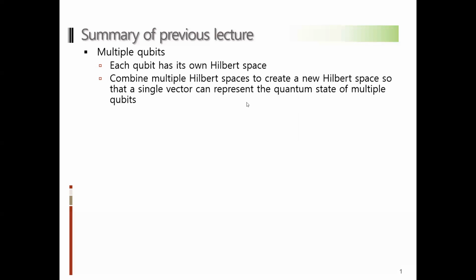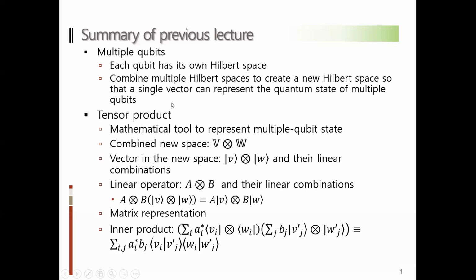If we don't have to think about multiple qubits, then we can just think about a single qubit, and the Hilbert space will be simple. But once we decide to think about multiple qubits, then we have to consider a more complex Hilbert space composed of the more basic Hilbert spaces. The mathematical tool to combine those multiple Hilbert spaces is the tensor product.